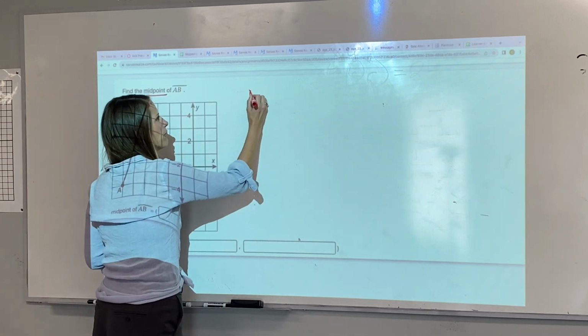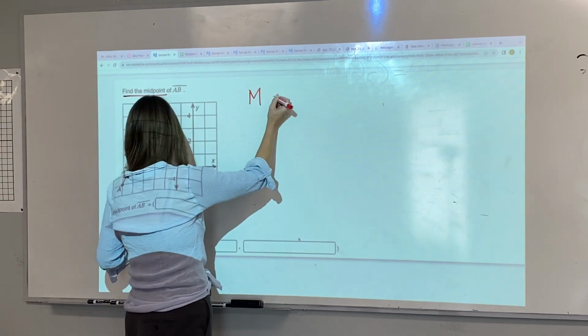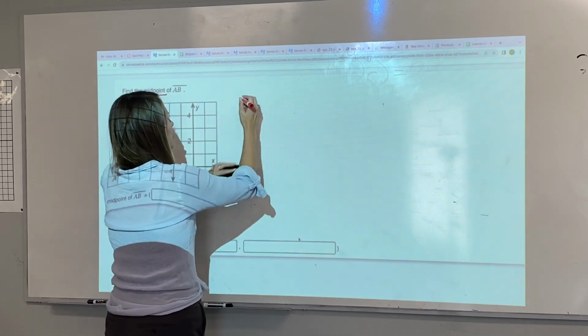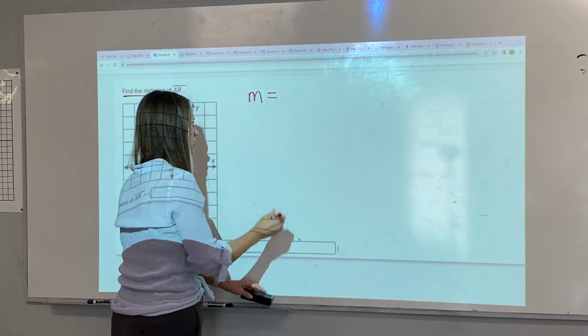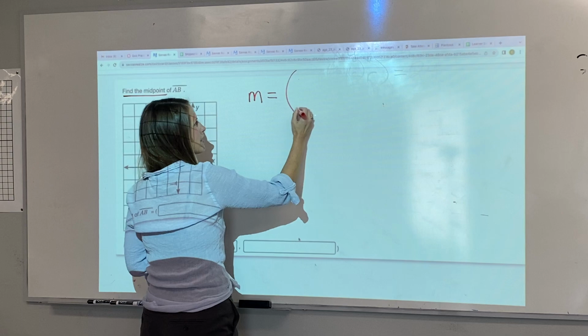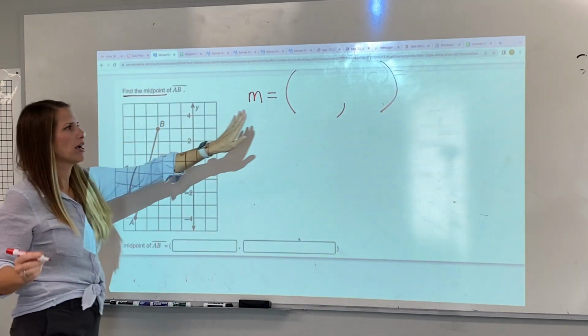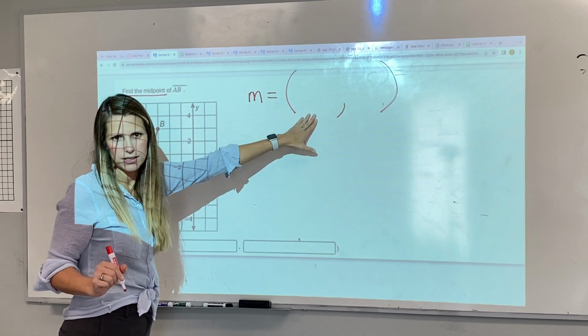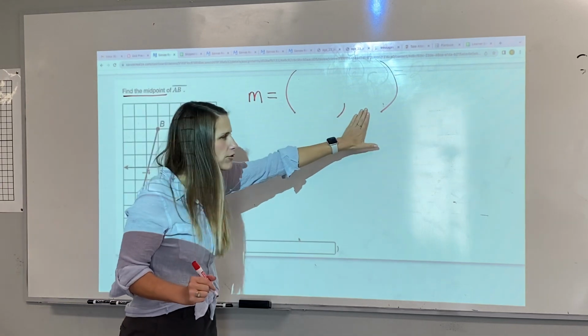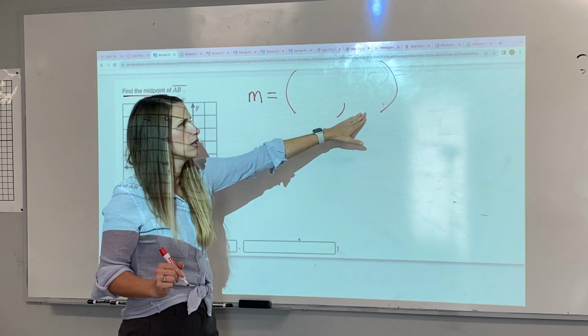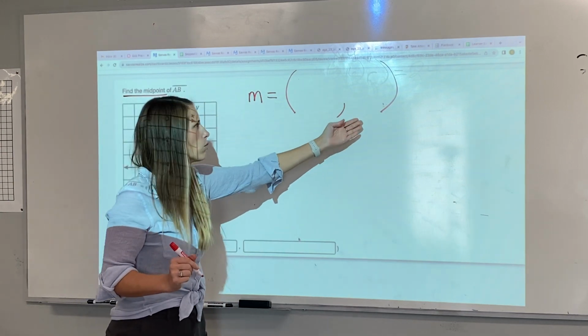The midpoint formula is, I think I should use a lowercase m. The midpoint formula is basically taking the average of your x values to find your x coordinate and the average of your y values to find the y coordinate.